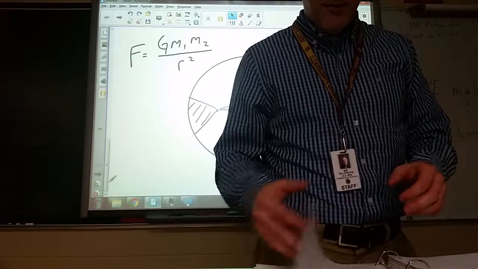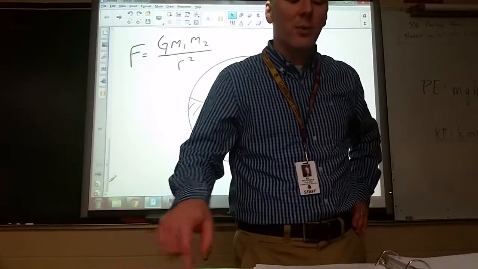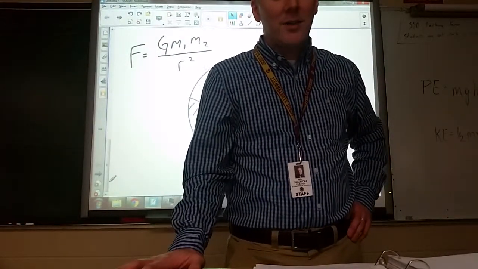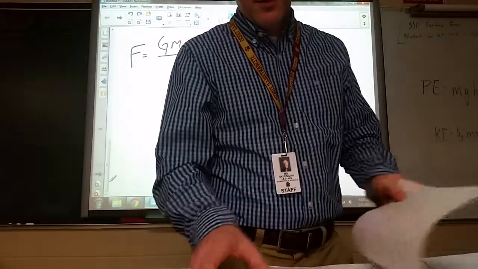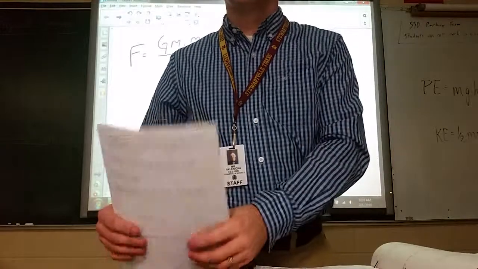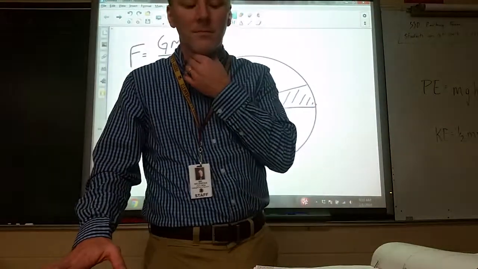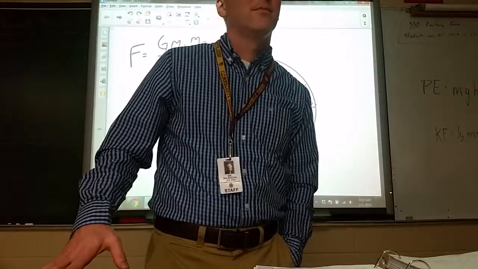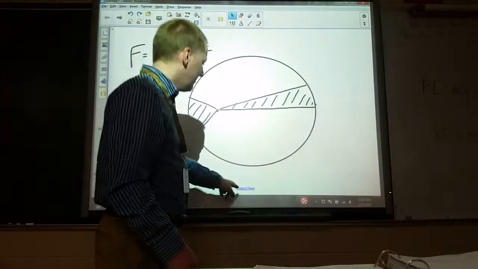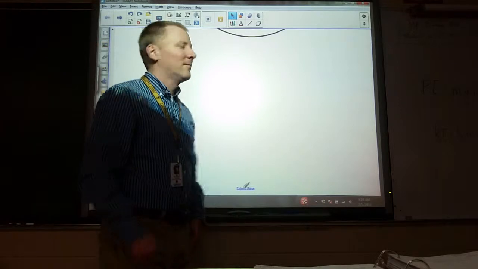Okay, and then finally, the tough one to plot, Kepler's third law. What does Kepler's third law state? Yep, Alex. The orbital period squared divided by the radius cubed is always a constant.